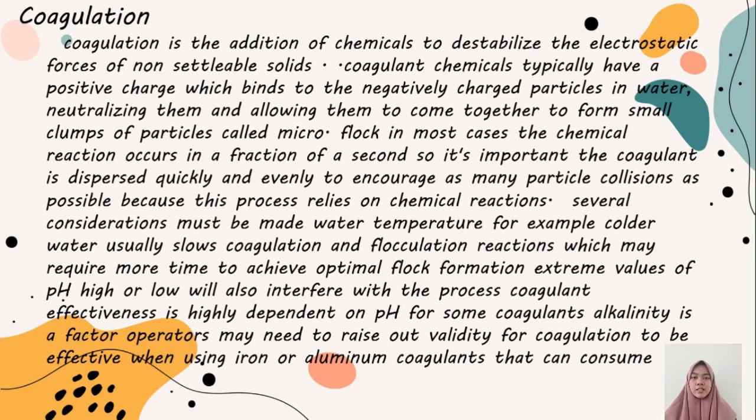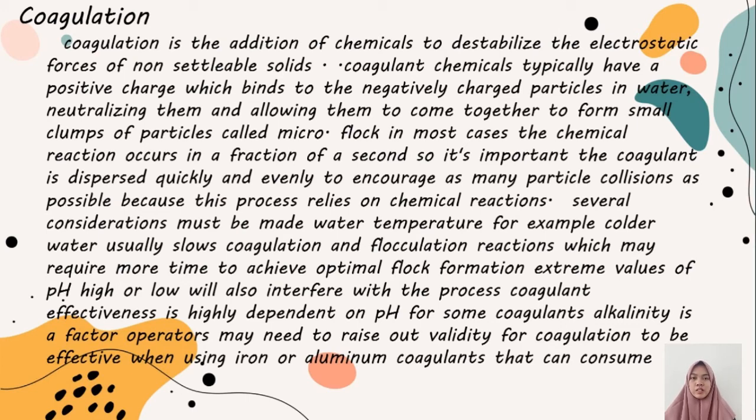In most cases, the chemical reaction occurs in a fraction of a second, so it's important that the coagulant is dispersed quickly and evenly to encourage as many particle collisions as possible. Because this process relies on chemical reaction, several considerations must be made.